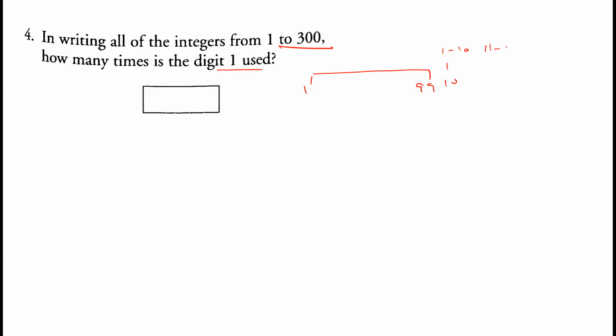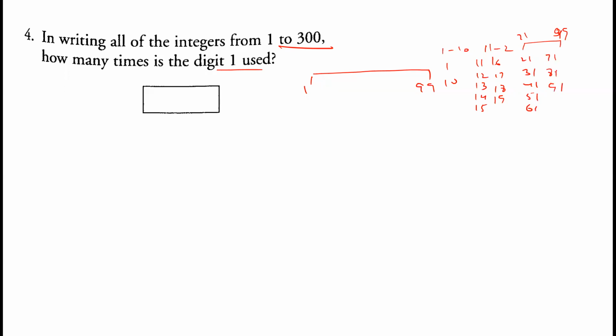From 11 to 20, this would be 11, 12, 13, 14, 15, 16, 17, 18, 19. So 20 doesn't contain any 1. And from 21 to 99, we have 21, 31, 41, 51, 61, 71, 81, 91.